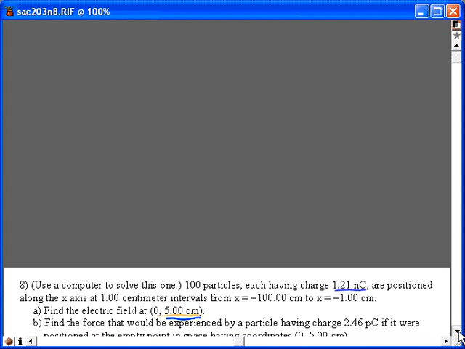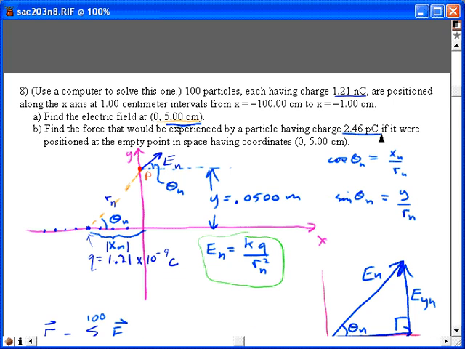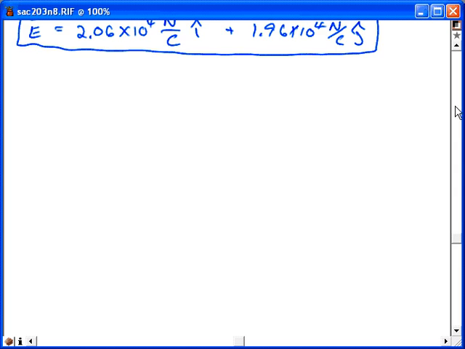To part A. And then, well, if we put a particle of charge 2.46, that was all part A, at that location, it's just going to experience a force that's its charge. I'll call that Q sub P. It's the charge that we're putting right there, times the electric field, the total electric field at that location. So part B, 2.46 picocoulombs, see if we can remember that.